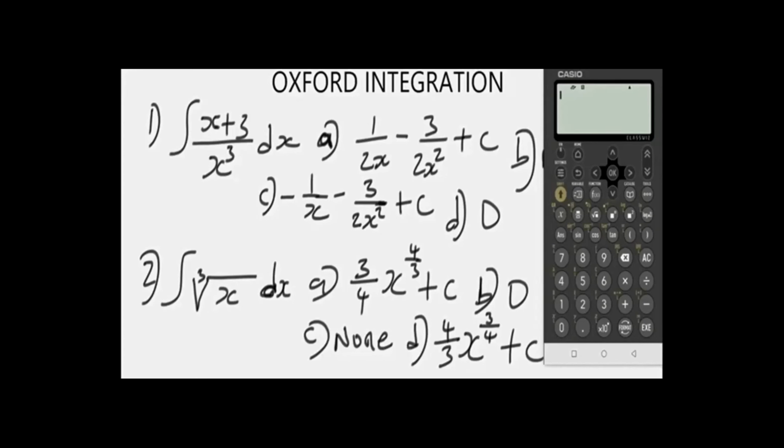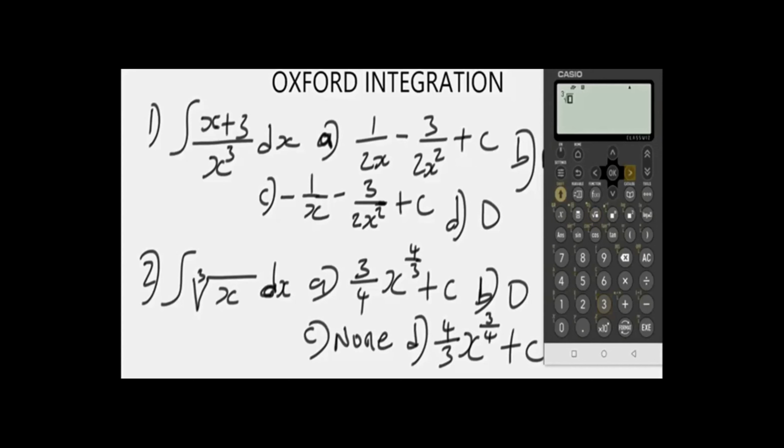We have cube root of x. To bring out cube root of x on this calculator, all you need to do is press shift and this button. Alright, so put cube there.